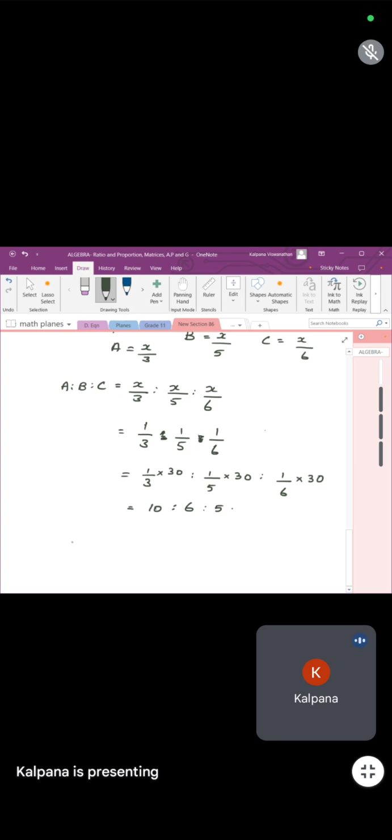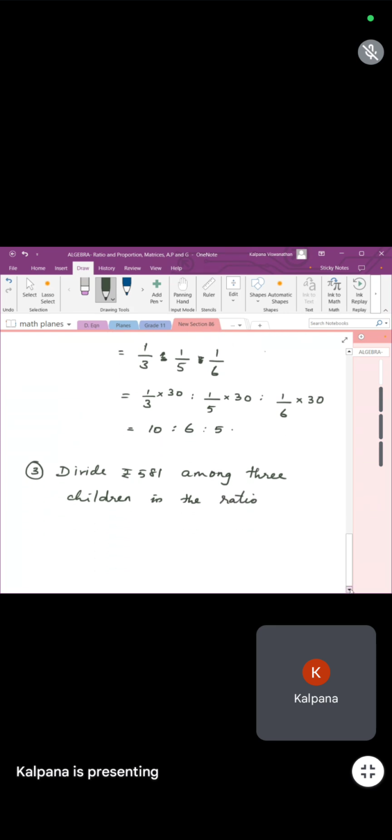Next question. Divide rupees 581 among 3 children in the ratio 1 1 by 4 is to 1 1 by 3 is to 7 by 8.